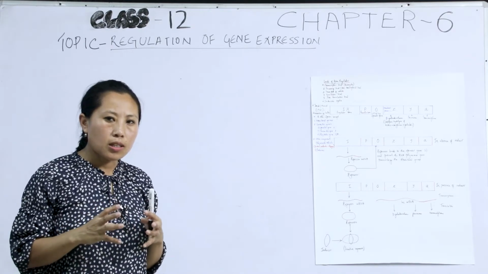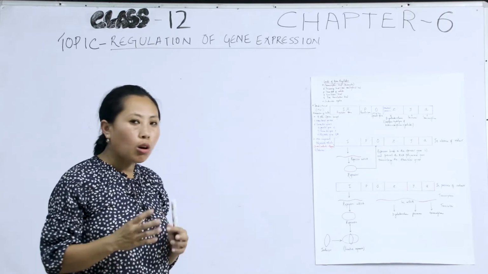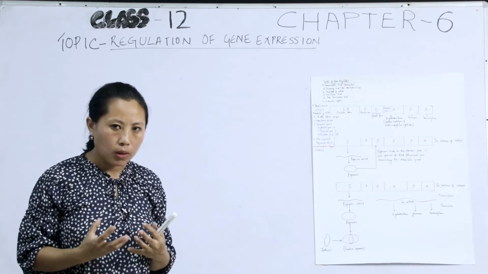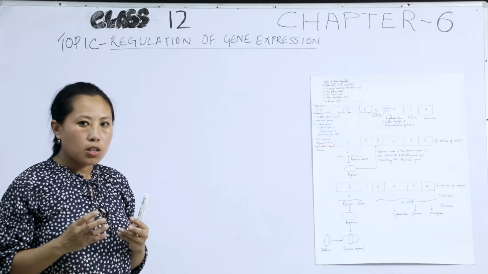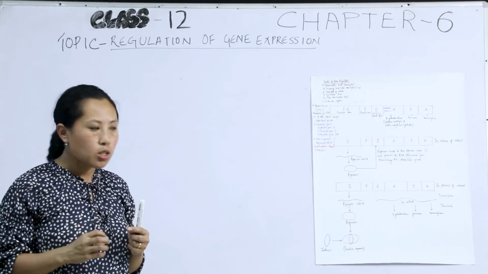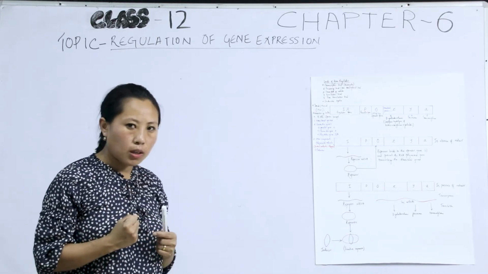This set of genes which coordinately function to serve the control of a particular metabolic reaction is known as an operon. Thus, an operon is a segment of DNA which consists of a set of genes which coordinately function and serve to control a metabolic reaction.